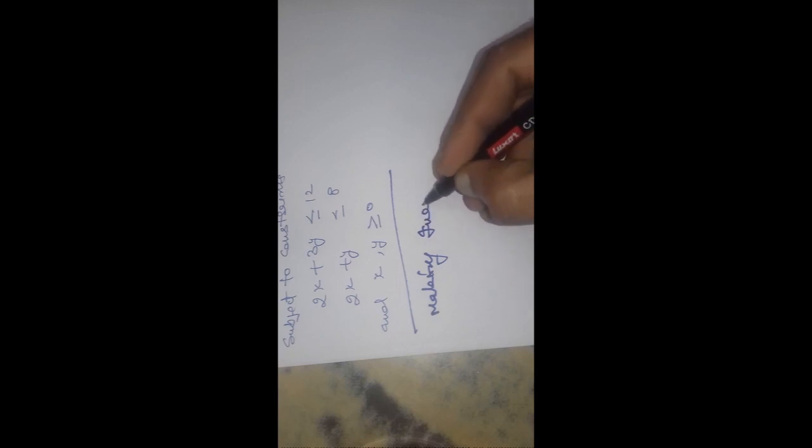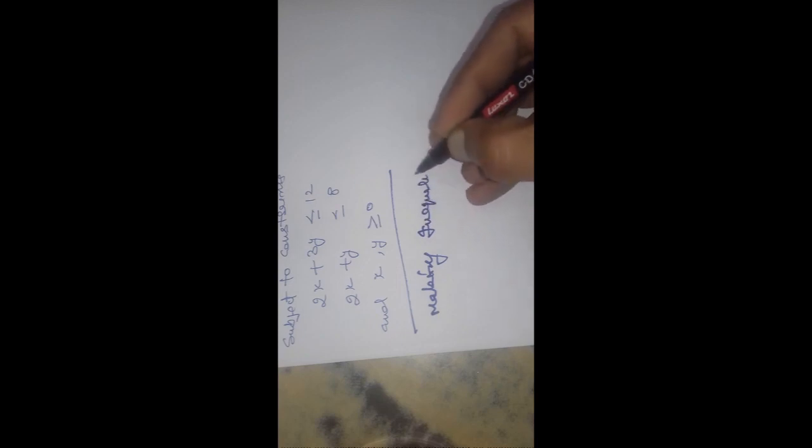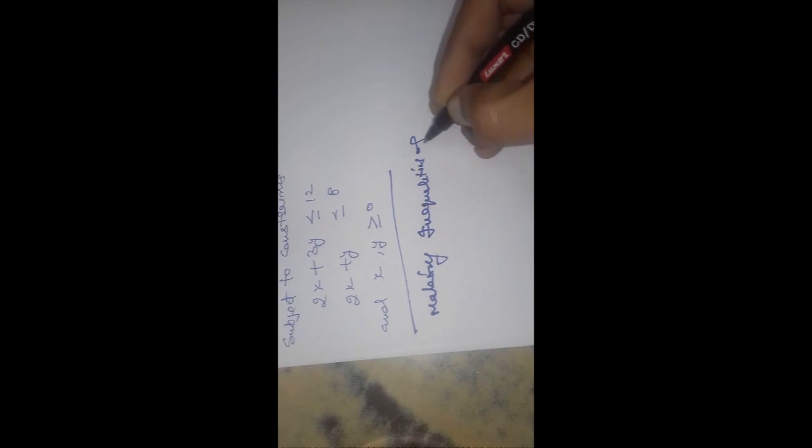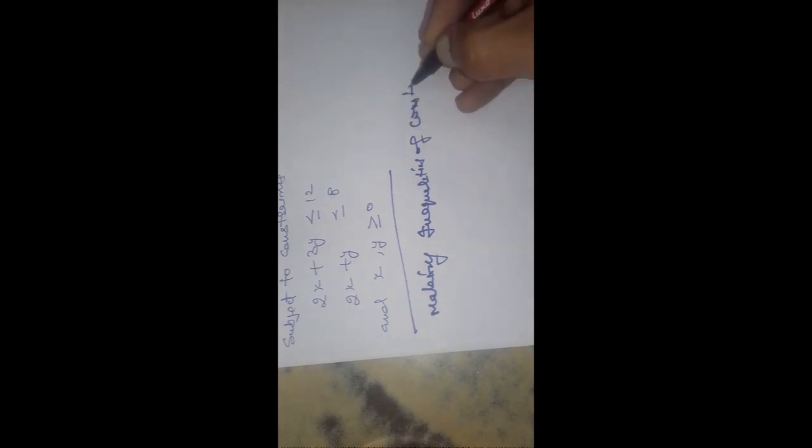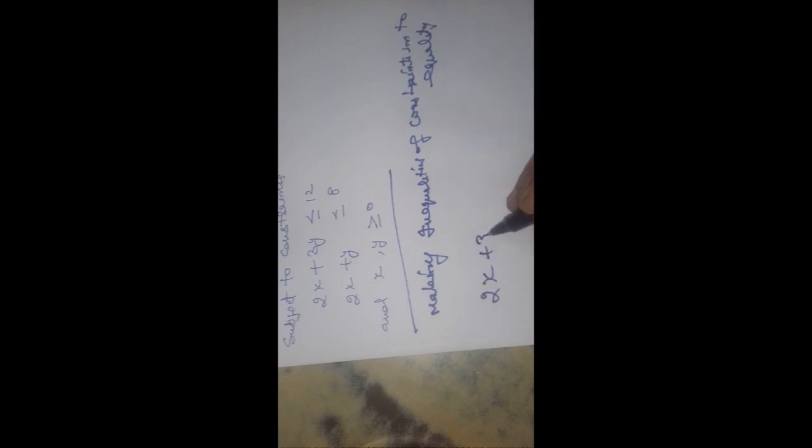Firstly, make this inequality into equality. Making the inequality of the constraint into equality, this will be 2x plus 3y equals 12.